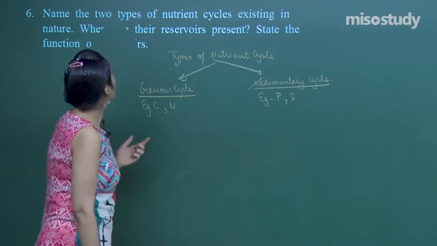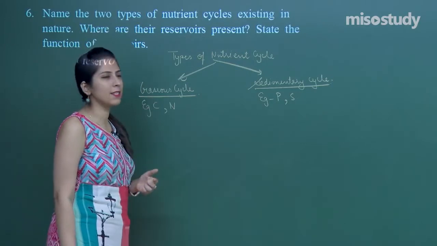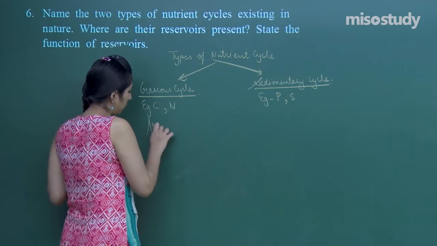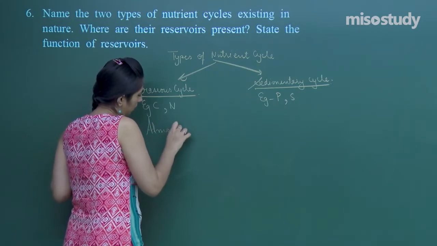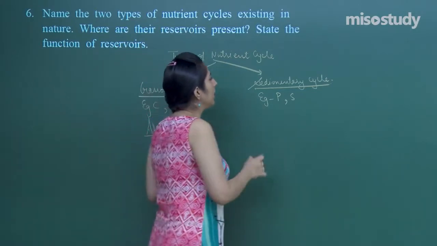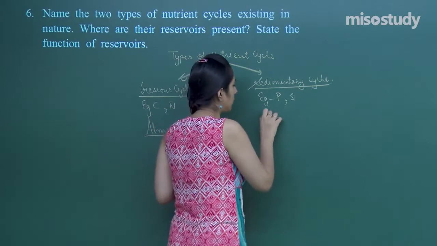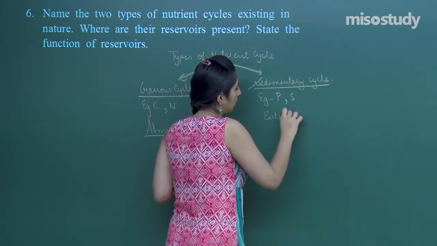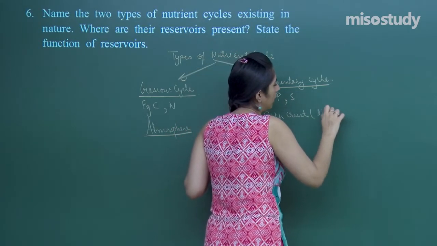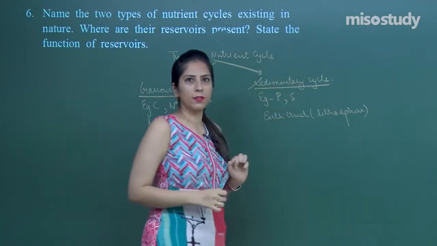So, where is their reservoir present? For the gaseous cycle, the reservoir is the atmosphere. Whereas in the sedimentary cycle, the reservoir is the lithosphere, or the land, or the earth's crust.